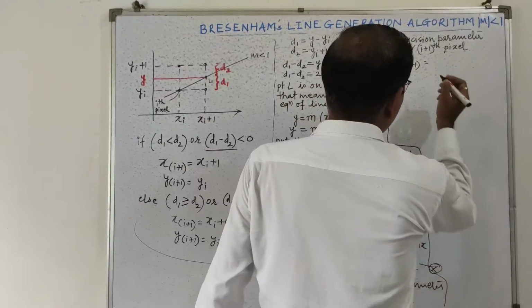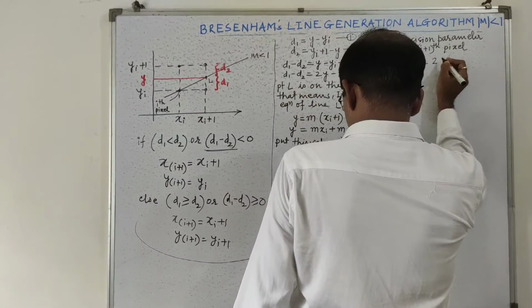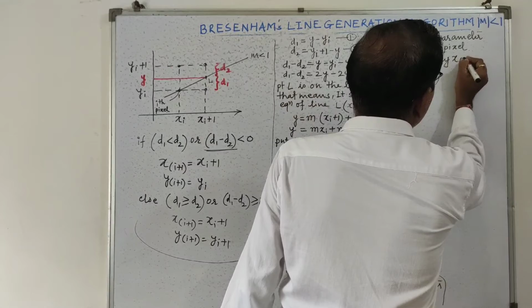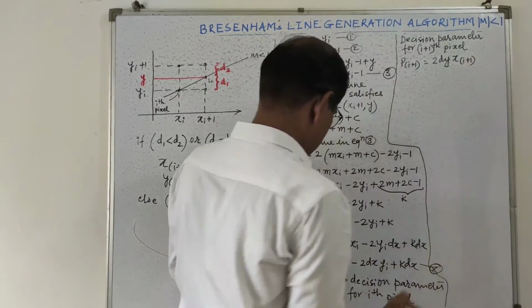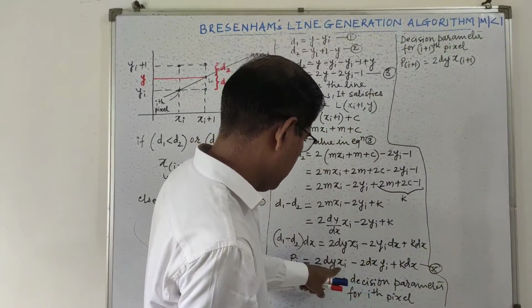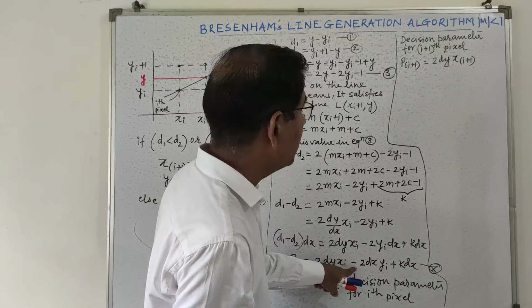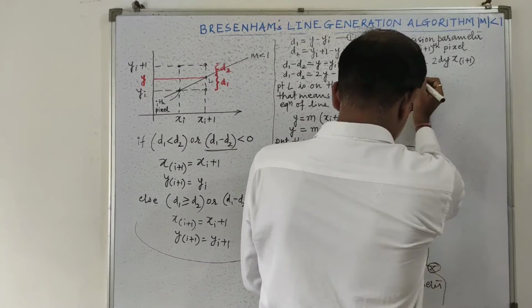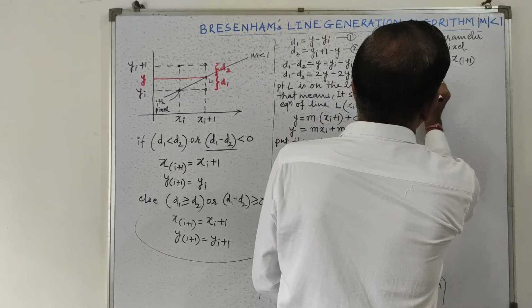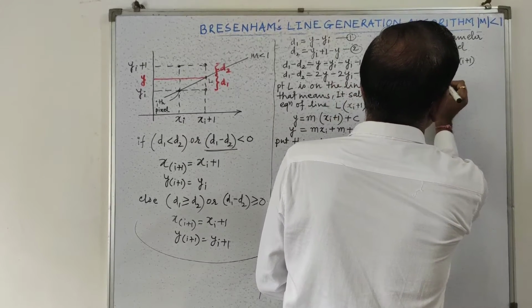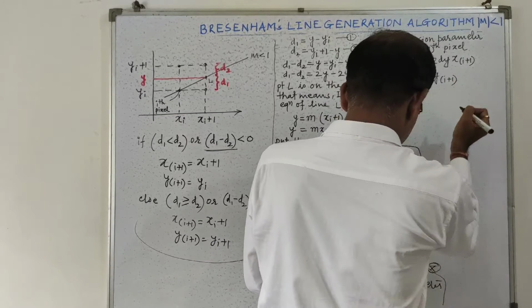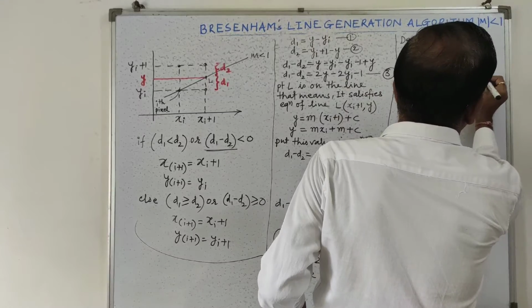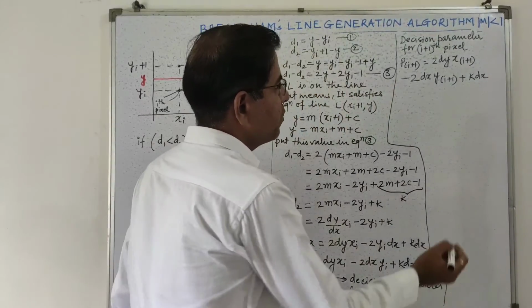So pi plus 1 is equal to 2 dy xi plus 1 minus 2 dx yi plus 1 plus k dx. This is equation number 5.